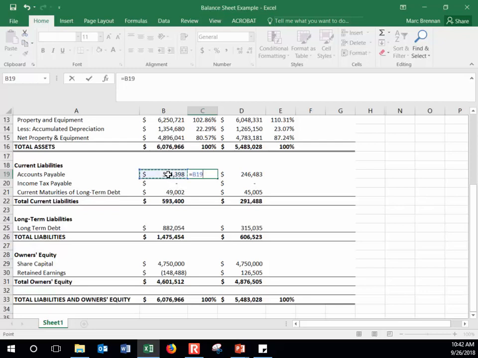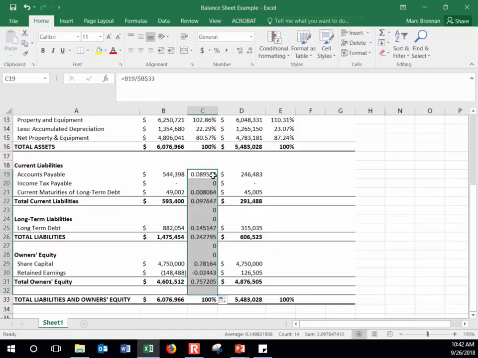I can either divide my $544,398 by my total assets, or I can go by my total liabilities and owner's equity. Because my balance sheet balances, it's the same number, so it doesn't matter. I'll just stick to total liabilities because I'm down here. I'll put absolute, and then I'll just drag down.